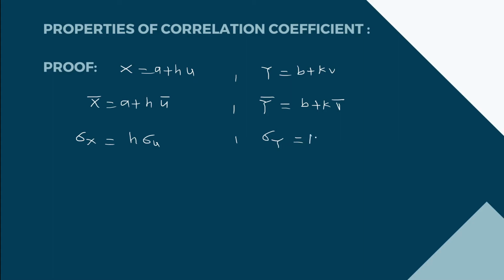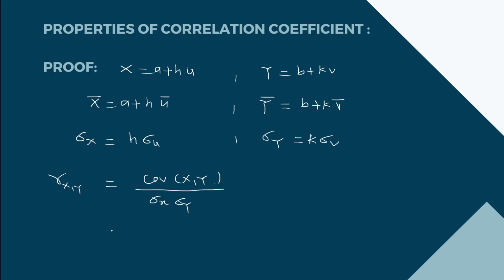Sigma y equal to k into sigma v. Now consider the correlation between x and y. We have already learned the definition at the start of the lecture. This is covariance xy divided by sigma x into sigma y.